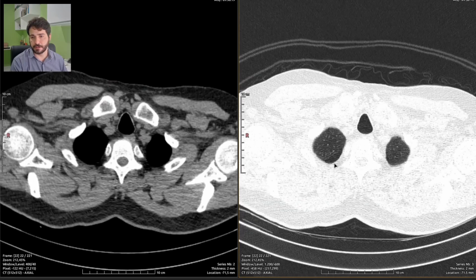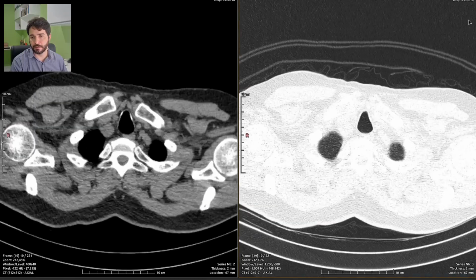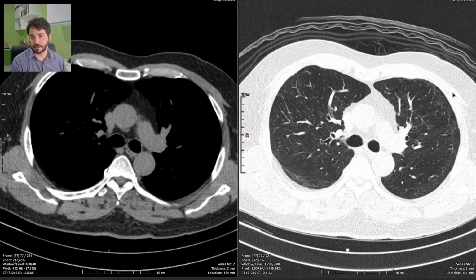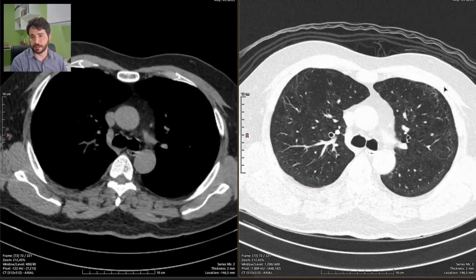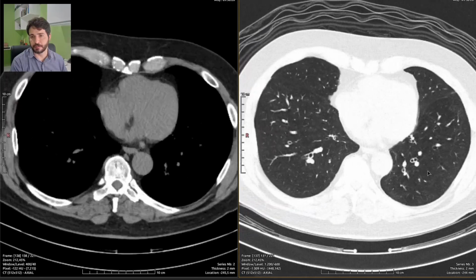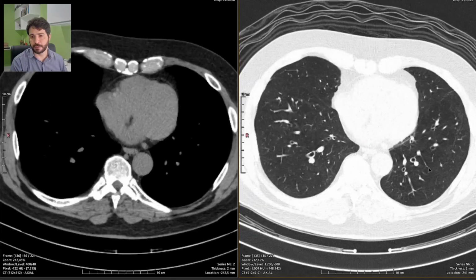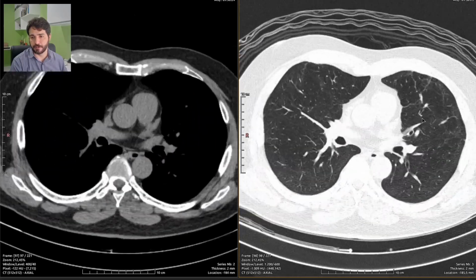There is some subpleural blobs of air and discrete, very mild signs of emphysema on the upper lobes and some pulmonary bands, which are very, very common on the elderly.